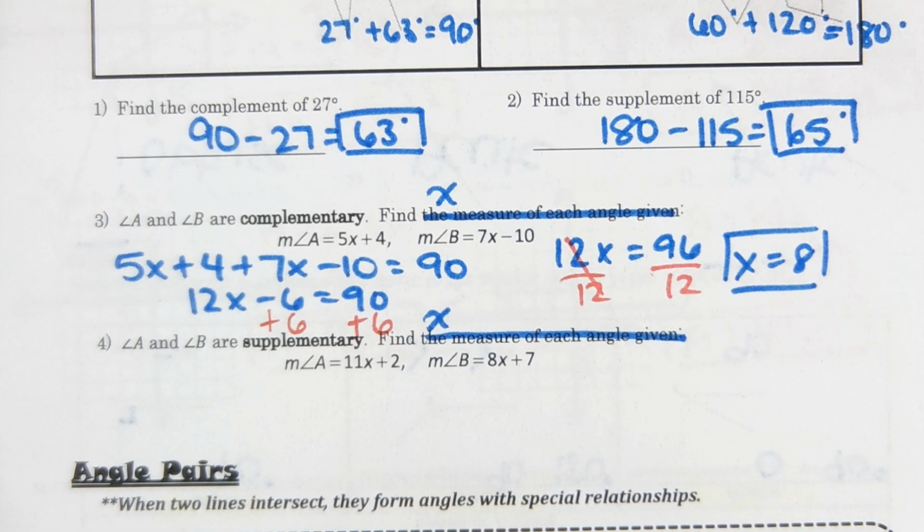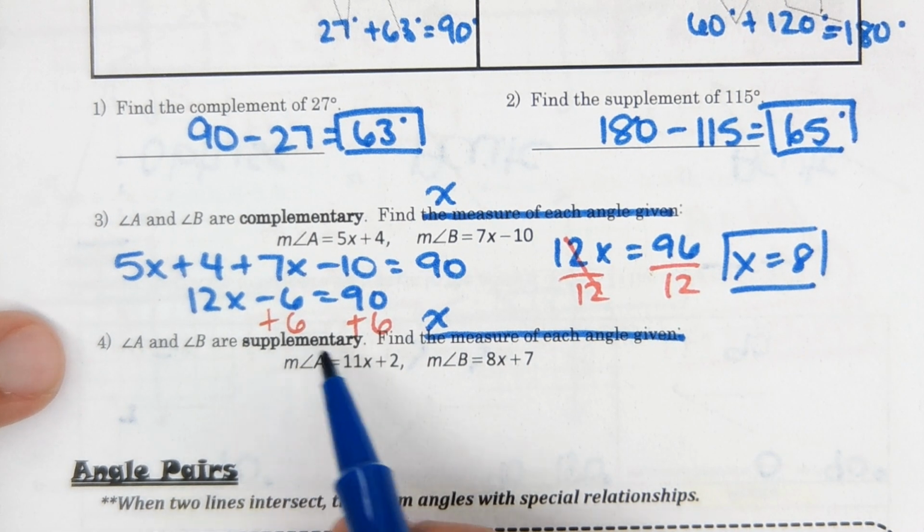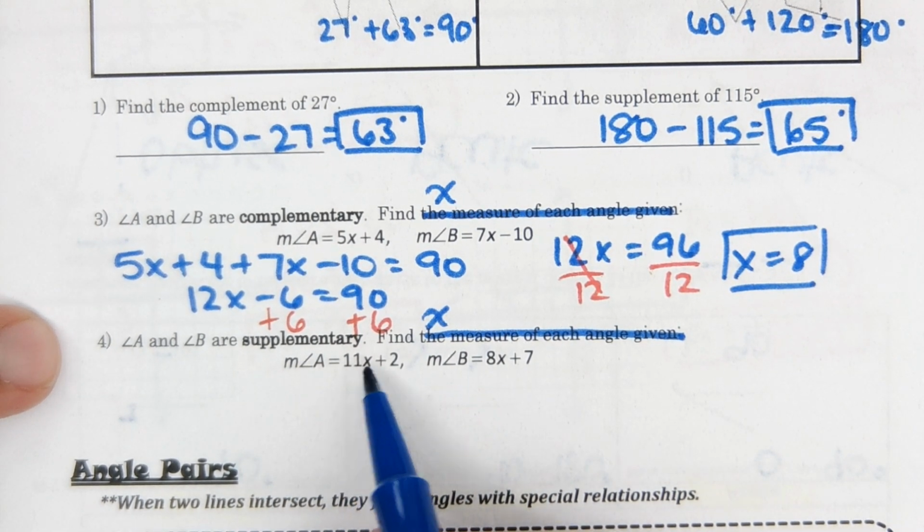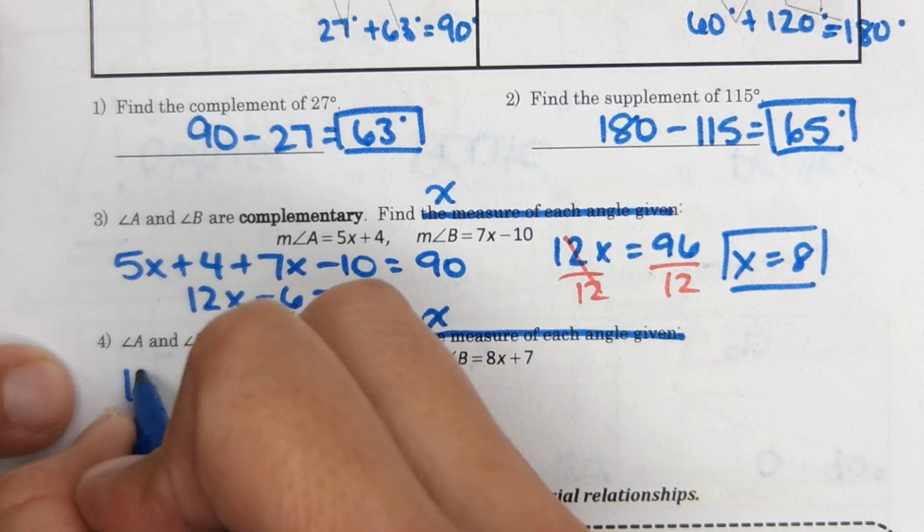Then number 4 is similar, but now the angles are supplementary, so that means they add to 180. So this plus this will equal 180.